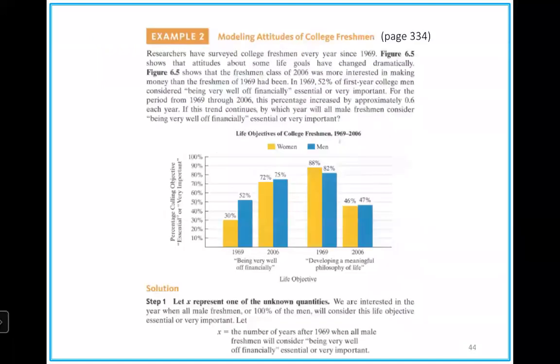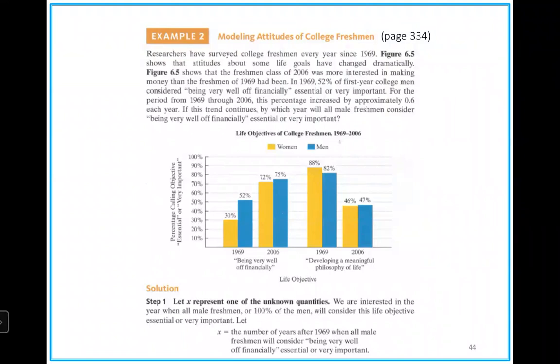Researchers have surveyed college freshmen every year since 1969. Figure 6.5 shows that attitudes about some life goals have changed dramatically. Figure 6.5 shows that the freshman class of 2006 was more interested in making money than the freshmen of 1969 had been.